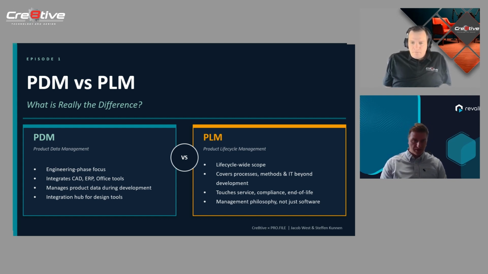Different departments are involved. So I think PLM is way, way, way more compared to PDMs. And that's, I think, one of the main differences. So single phase, one tool, multiple phases, and I think a very, very large tool range that you can actually integrate into the PLM lifecycle.